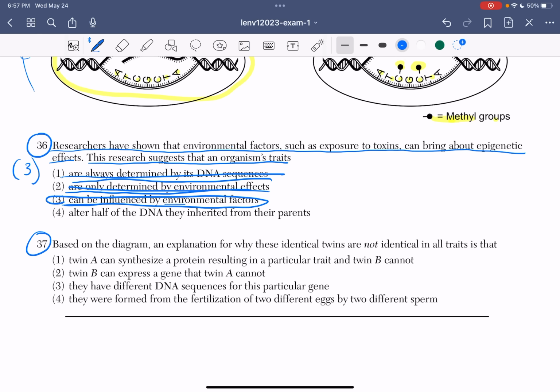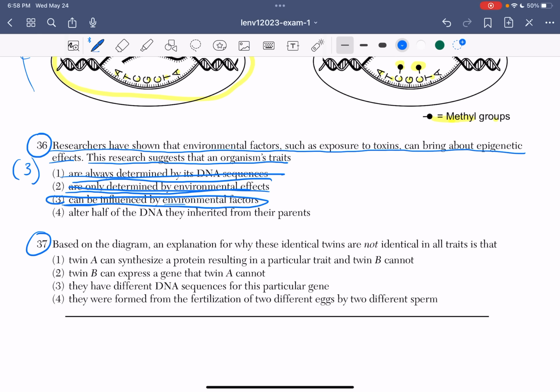Is the sun shining brighter? Is it a tropical island? It depends on how your skin responds to sun, as an example. Are you exposed to more toxins in this different place? Would you be more likely to have cancer?